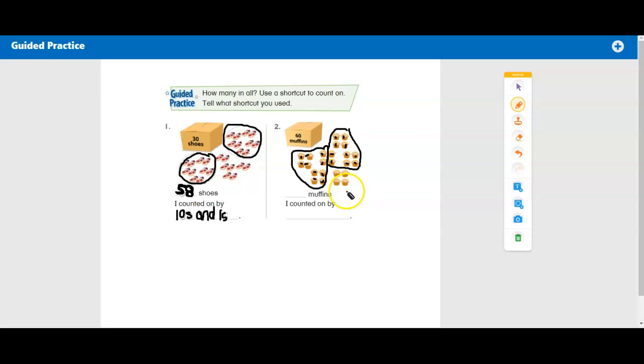Then to count the rest, I will count by ones. 1, 2, 3, 4.